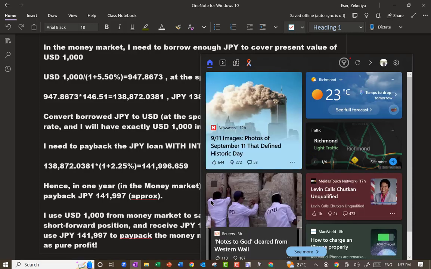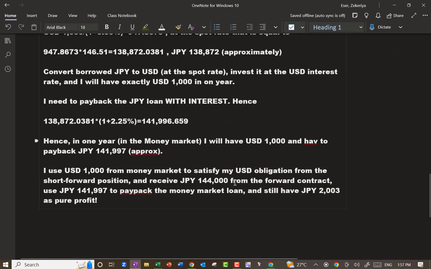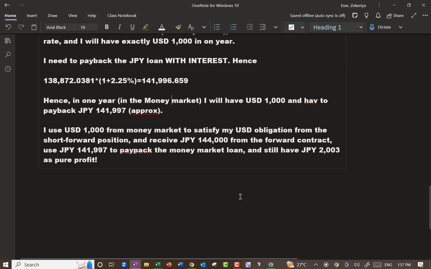Does that profit amount depend in any way at all on what the exchange rate is going to be 1 year from now? No. Whether 1 year from now dollar yen is trading at 120 or 160, I'm going to make that 2,003 yen, period. That is called an arbitrage.